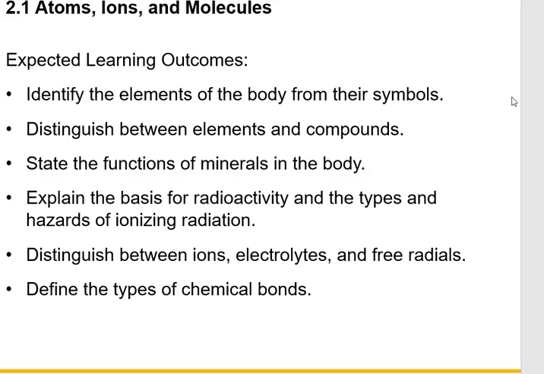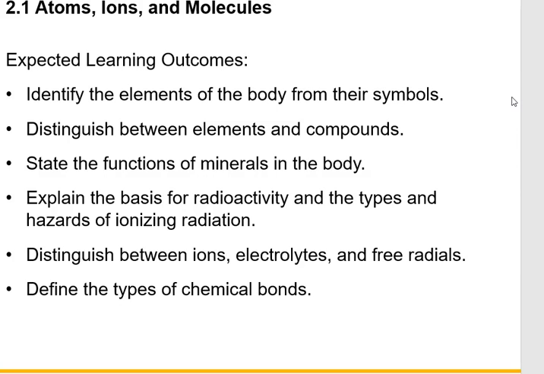I do think it's sad because, like I said, I find chemistry fascinating. But anyway, here are some of the outcomes that you're expected to be able to do. If I hand you a periodic table and ask you to find hydrogen, you should be able to look around and find hydrogen on the periodic table.